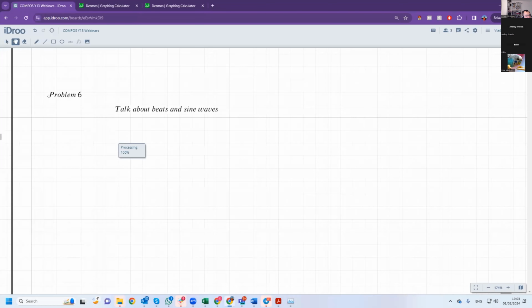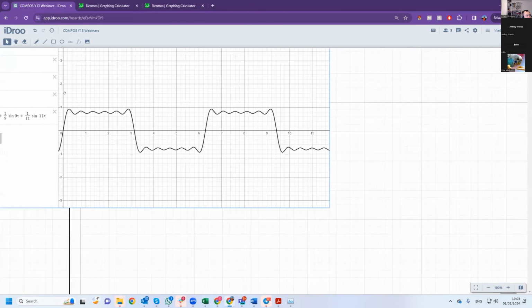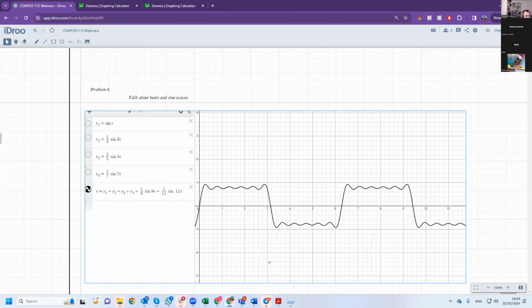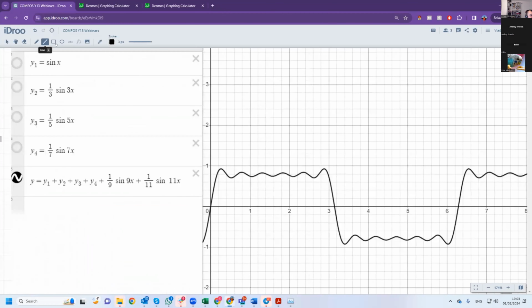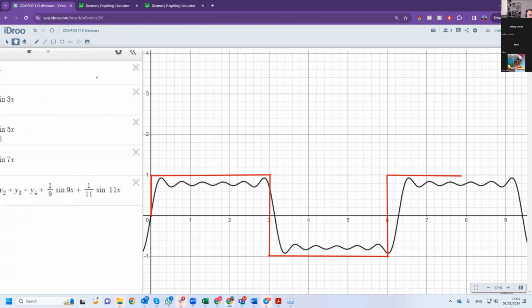If you keep doing that forever, you will get a function like this. I'm not 100% sure that the amplitude of this function is going to be 1, but it's going to be a square wave.